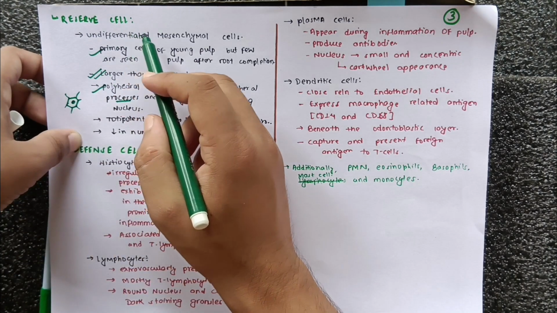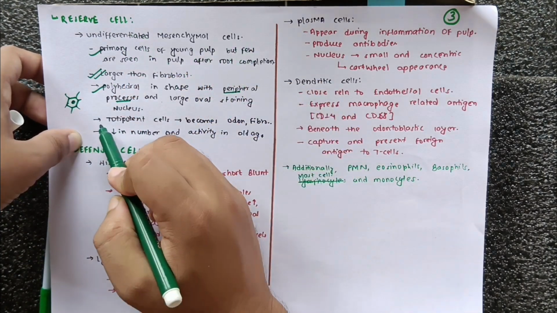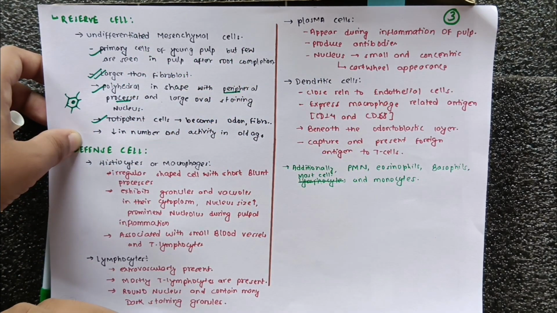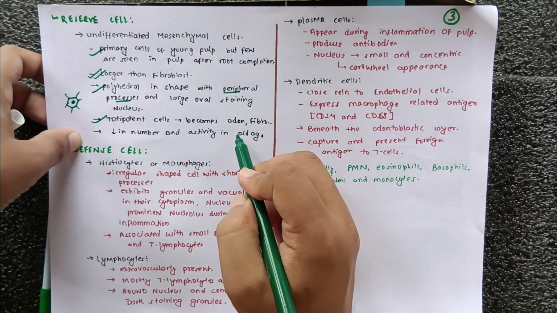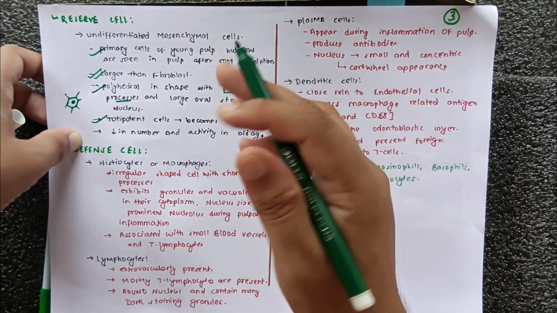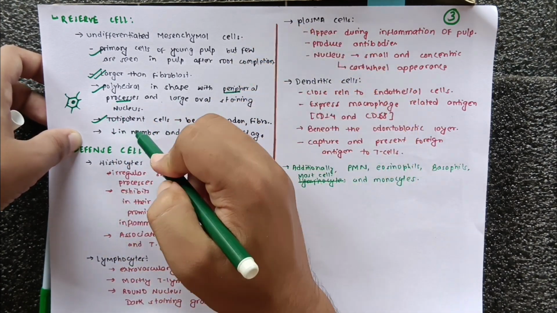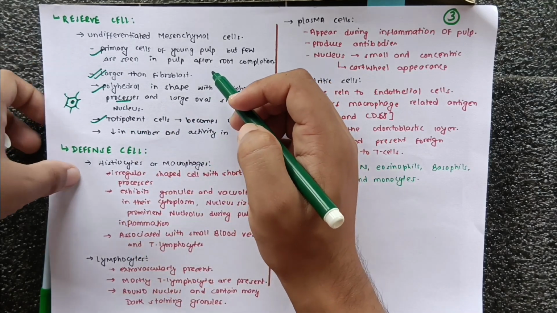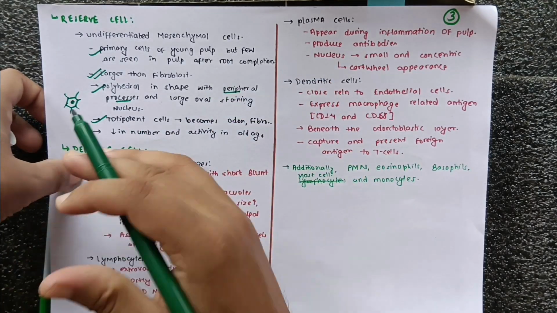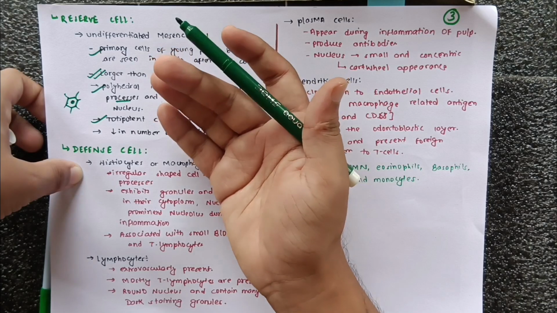These undifferentiated mesenchymal cells are also totipotent, and totipotent means they can become the odontoblast or the fibroblast as needed. I think you know this term: a totipotent cell can differentiate into any other type of cell.